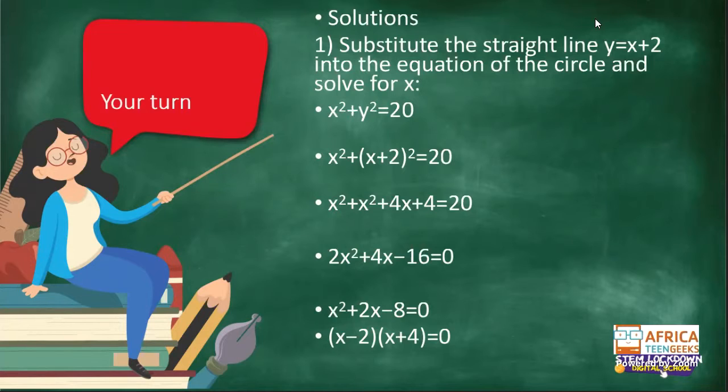So in here, the 20 is not the radius. R squared here is 20. Therefore, the radius is the square root of 20. So don't make that mistake. Yes, Cheslin, the radius there is the square root of 20.